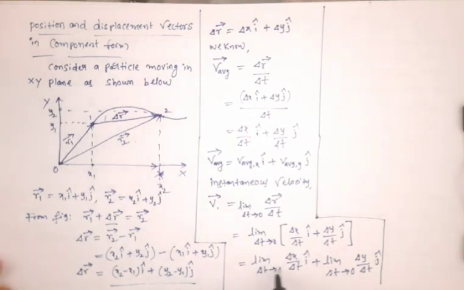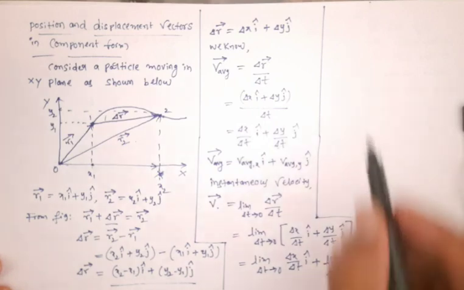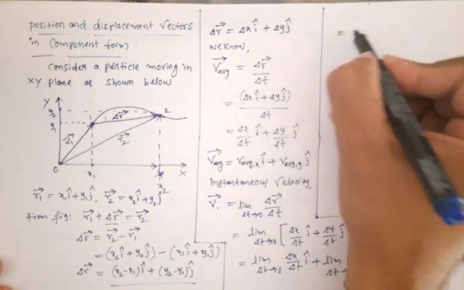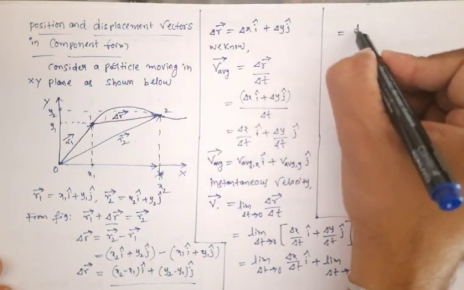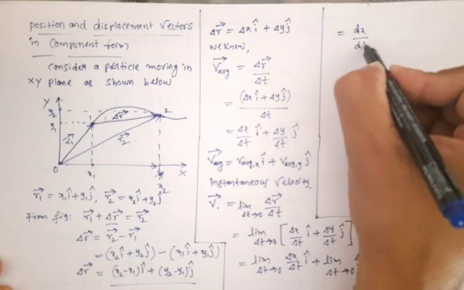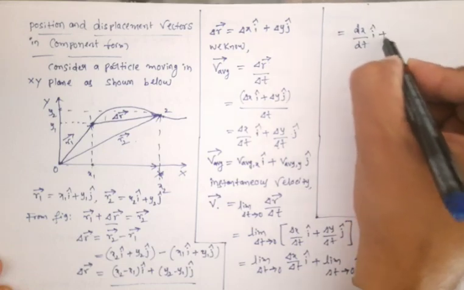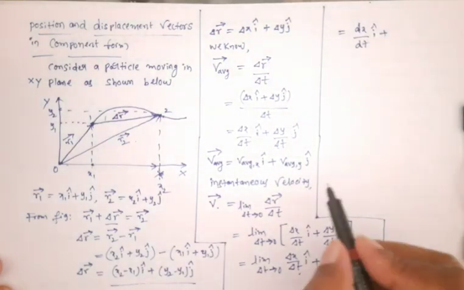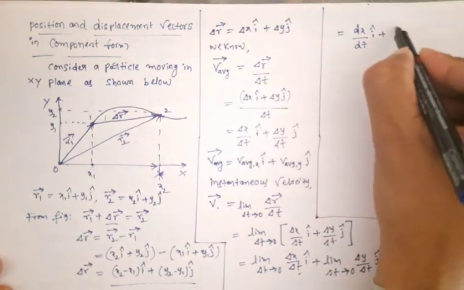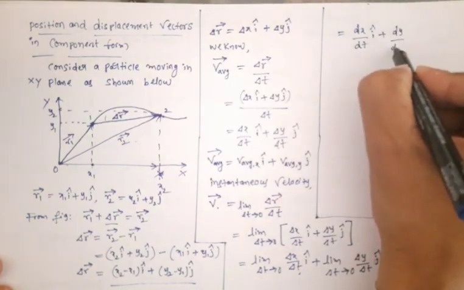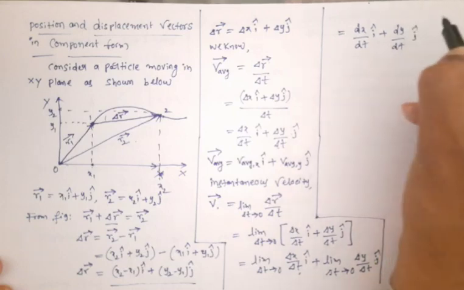Now when you apply the limit, delta x by delta t becomes dx by dt, and delta y by delta t becomes dy by dt. So in the next step, dx by dt into i cap plus dy by dt into j cap.